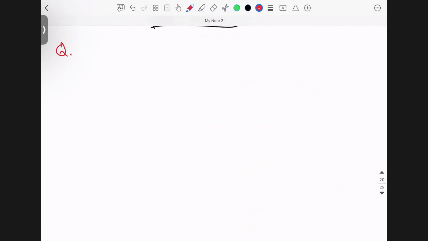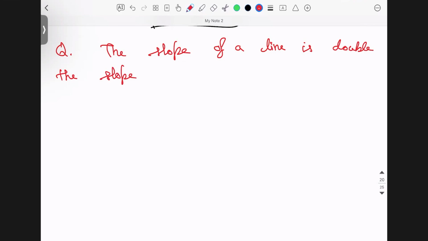The question is, the slope of a line is double the slope of another line.